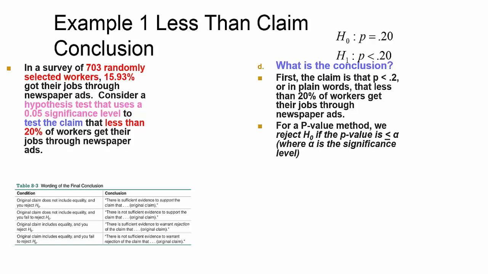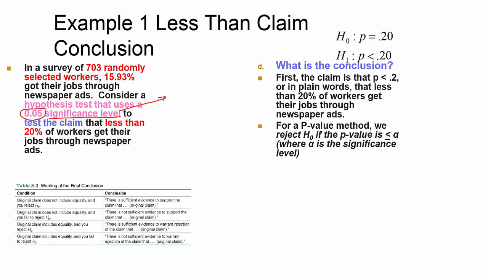Now, if the p-value is less than or equal to alpha, we decide to reject the null. Now, alpha then is the significance level of the test. So there's one number here that we haven't used yet. It's the 0.05. The significance level gives us alpha. So alpha is, for this test, 0.05.